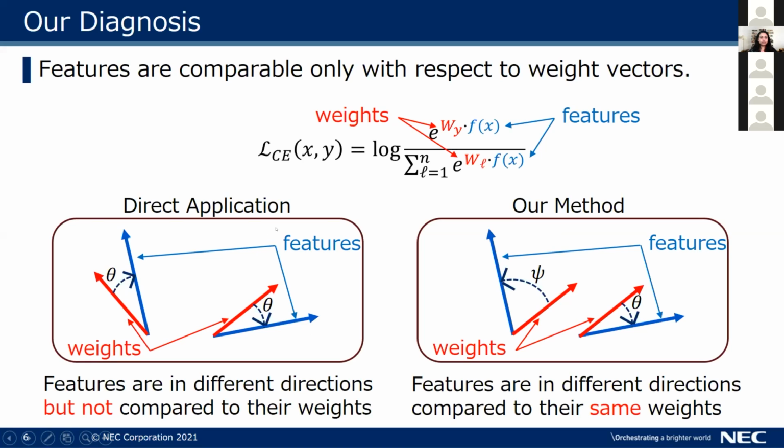If the weight vectors are at the same angle, then the difference of feature vectors has no effect on the loss. This is what's happening in the direct application of the ADP method. So in our method, we let the weight vectors in different models be the same, like the red colored vectors. Then we can see that if feature vectors are in different directions, their angles to weight vectors are different.